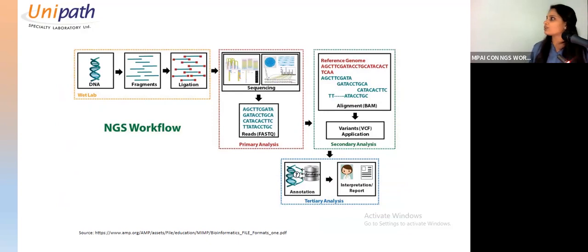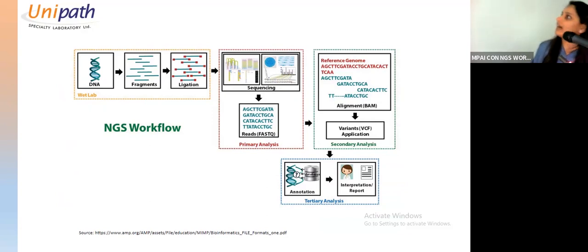I know you mostly would be from a wet lab background or pathologists, so it's difficult for all of us to understand this flow. But as Dr. Neeraj already gave you a brief overview, we start with DNA fragmentation, which is the library preparation.